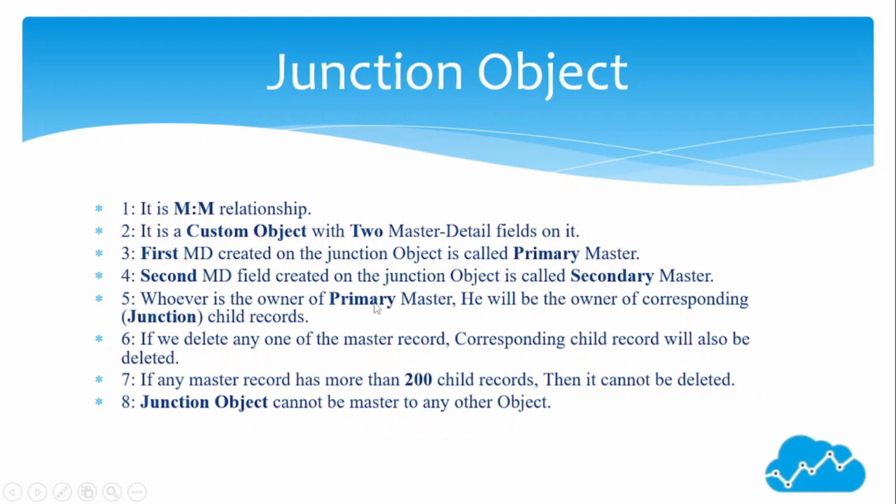Whoever is the owner of primary master, he will be the owner of corresponding child records, means junction records. If we delete any one of the master records, the corresponding child record will also be deleted. If any master record has more than 200 child records, then it cannot be deleted. Junction object cannot be master to any other object.